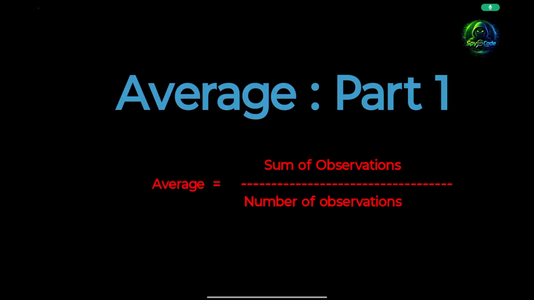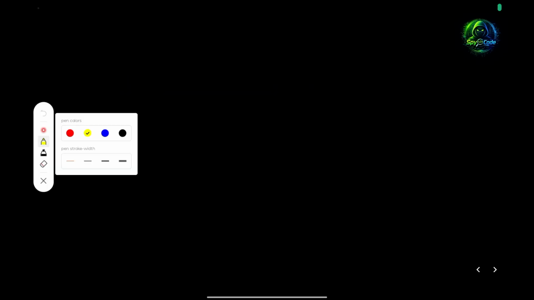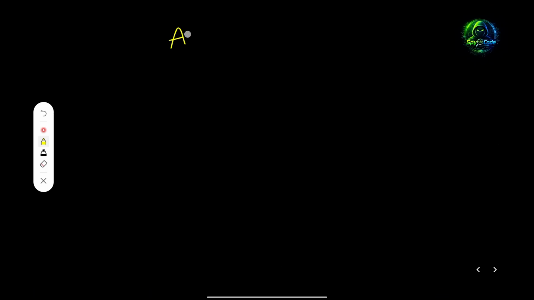We know the basic formula for calculating the average, that is, average is equal to the sum of observations divided by the number of observations. So before going to the concept, let us clarify some things here.